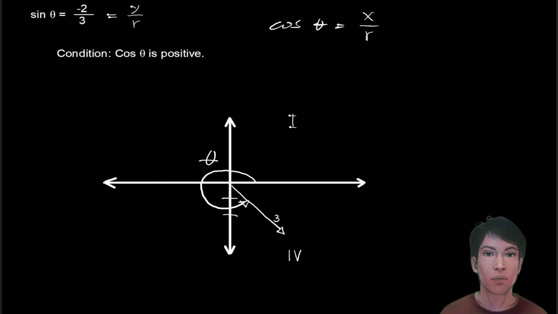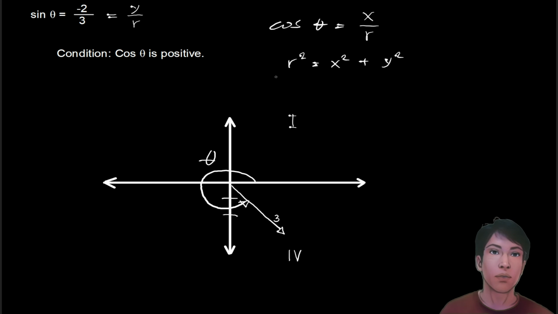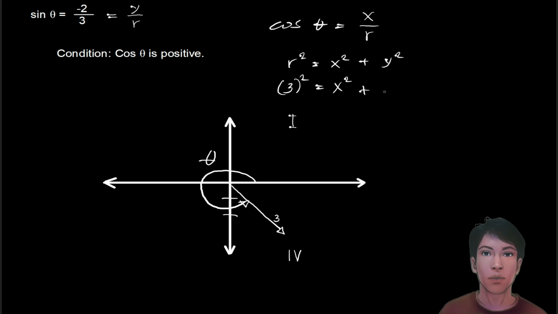So what is this angle theta? That is what we'll be looking for, and then the x coordinate. Employing the Pythagorean theorem, r squared equals x squared plus y squared. So this is 3 squared, then x squared is unknown, then y is negative 2 squared.